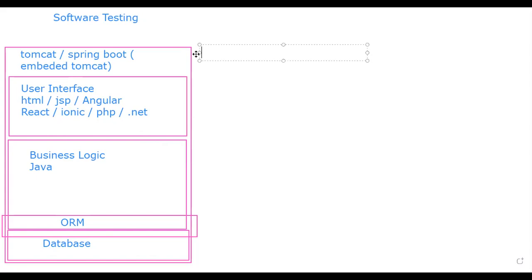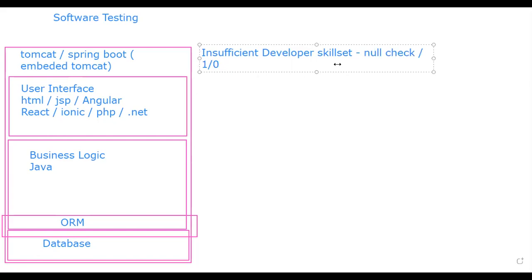First is the developer skill set is not enough. He doesn't know to do null checks, or that 1/0 cannot be done, it is an infinite value. Because of his skill set, he might miss some cases and that can cause issues.